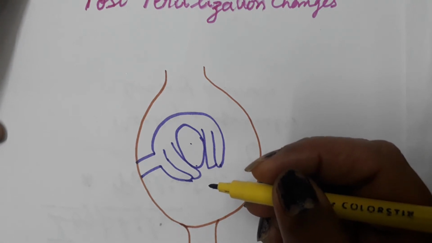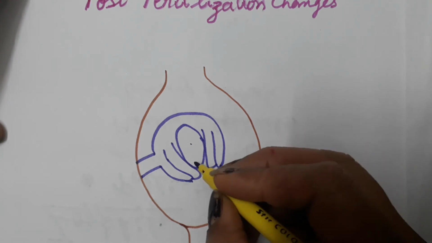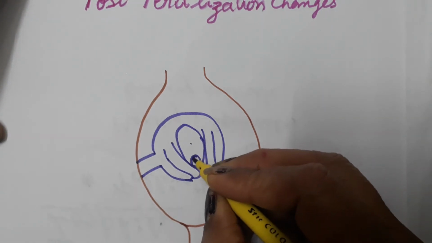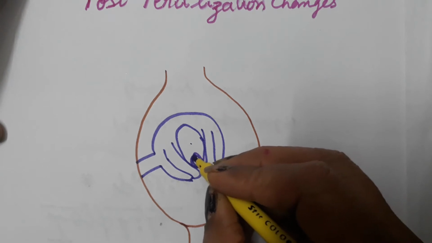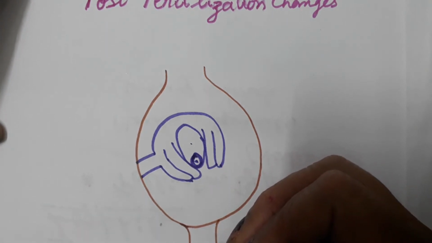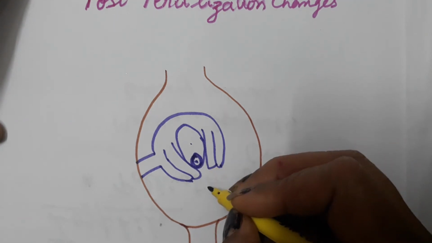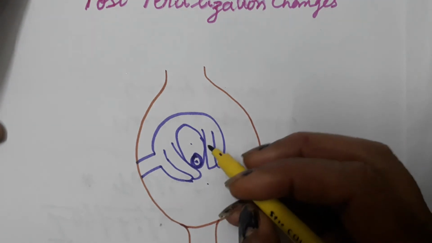After fertilization, what happened? First syngamy takes place, and here a single cell zygote is formed, which consists of 2x number of chromosomes, which is the product of fertilization, in which the male gamete fuses with the female gamete, and it is present towards the micropylar end.